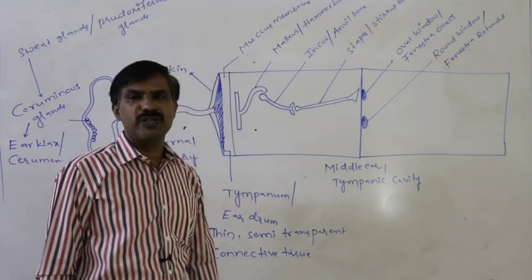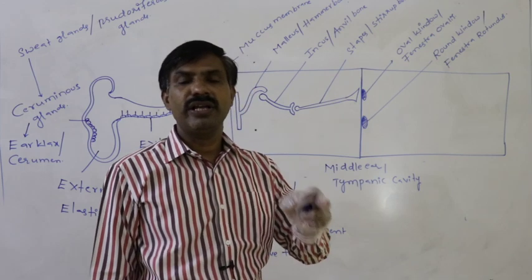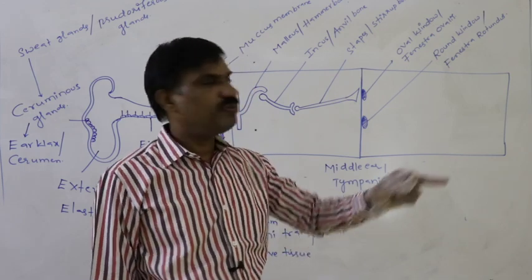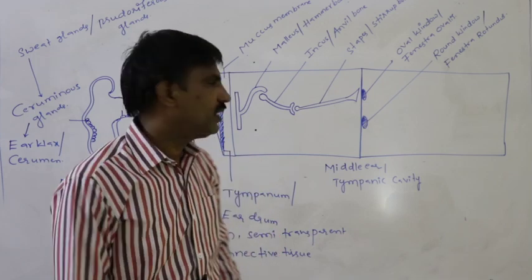Ear ossicles are principally useful to increase the amplitude of the mechanical wave which passes towards the inner ear. They act like speakers. Like speakers, they increase the amplitude of the mechanical wave passing towards the inner ear for listening to sound. Speakers are always helpful to increase the intensity of sound. In the same way, ear ossicles increase the amplitude of the mechanical wave which reaches the inner ear for listening.